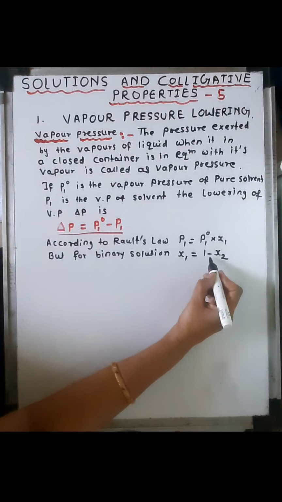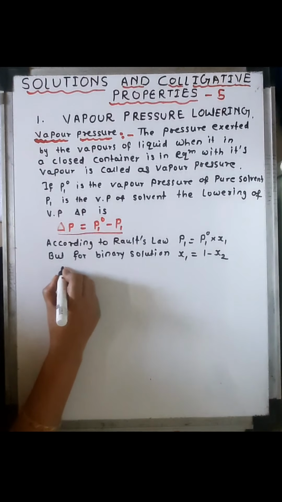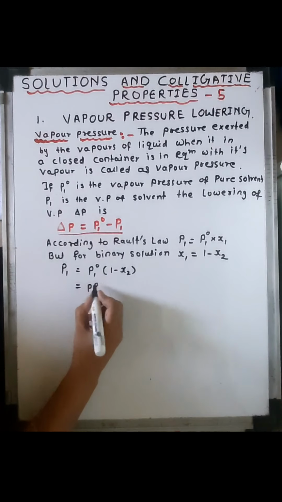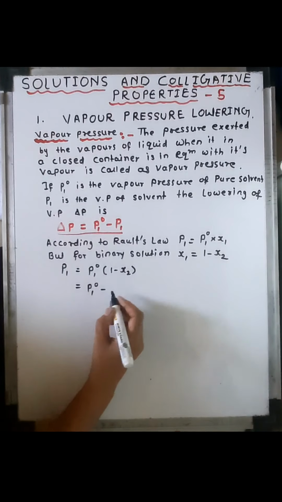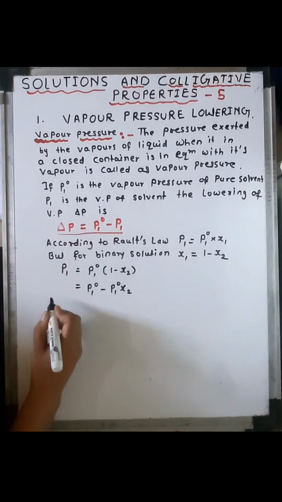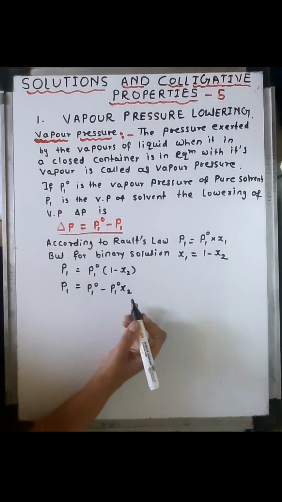Then put this value in the above equation, we get P1 equals P1^0 into (1 minus X2). Multiplying, we get P1^0 minus P1^0 X2. So P1 equals P1^0 minus P1^0 X2.